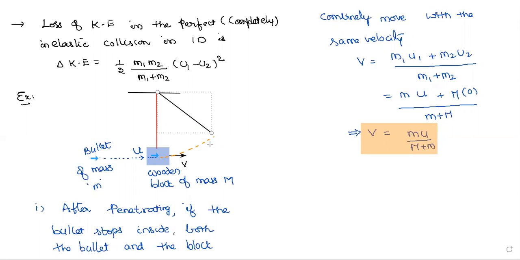Why? Because it is trying to go against gravity. So velocity gradually decreases, and maybe here that velocity becomes 0. So the final velocity here is 0.